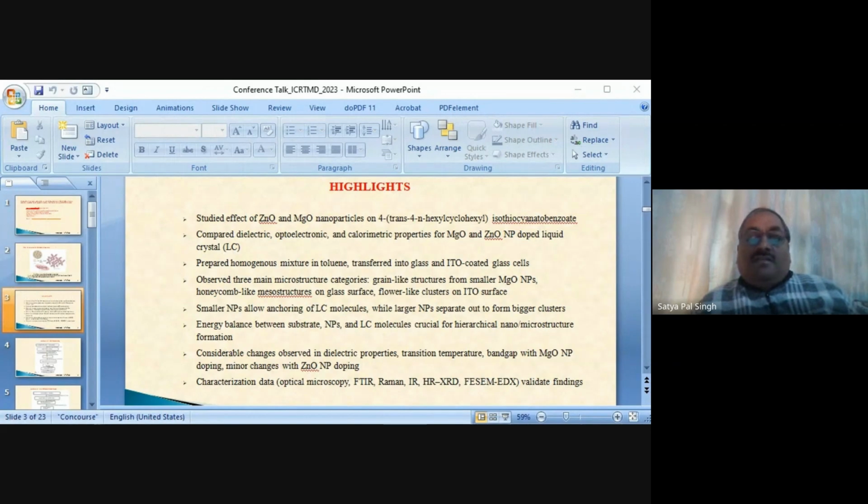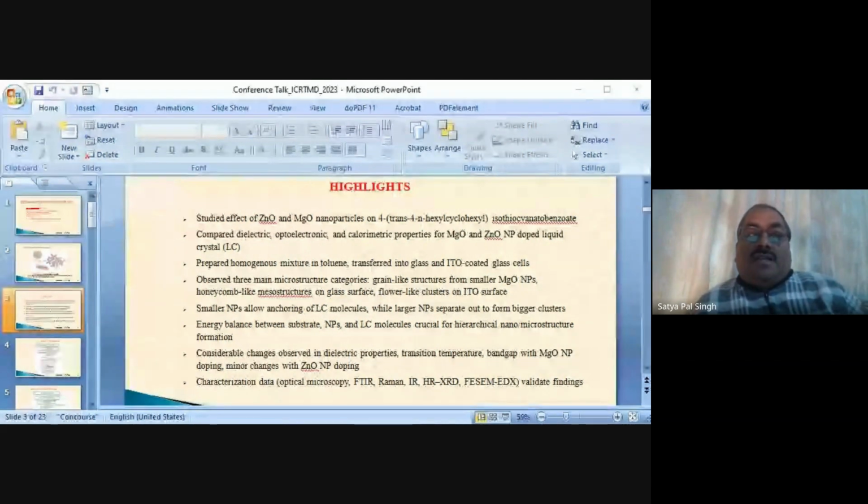Designing these things at nano and micro scale would be very costly if we used lithographic techniques. Smaller nanoparticles allow anchoring of liquid crystal molecules, while larger nanoparticles separate out and form bigger crystals. We have done characterizations: FTIR, Raman, XRD, FESEM, EDX, etc.